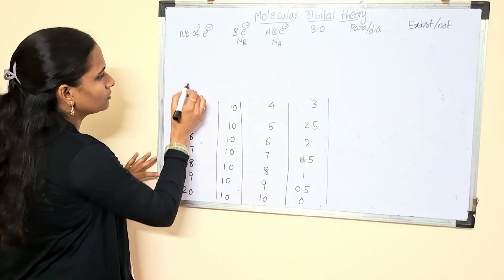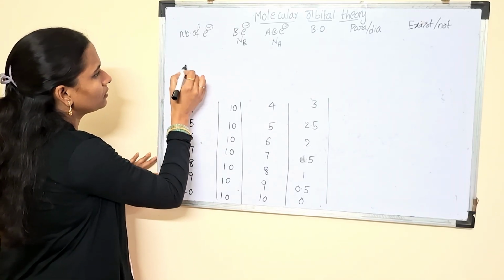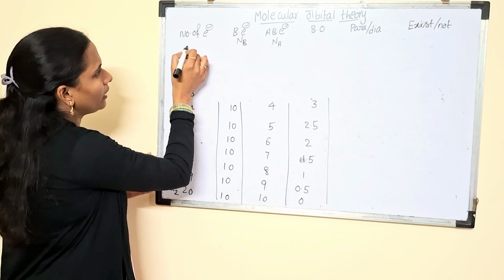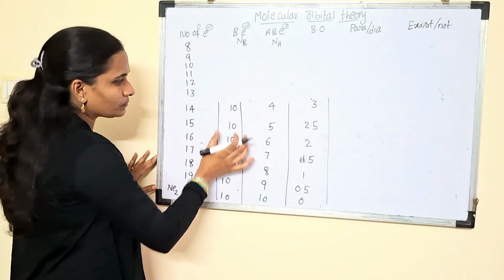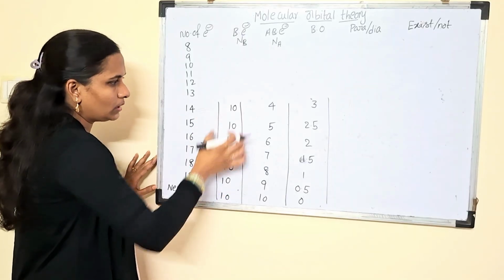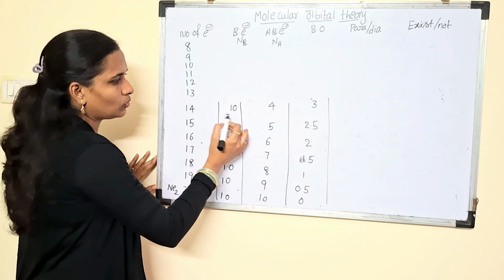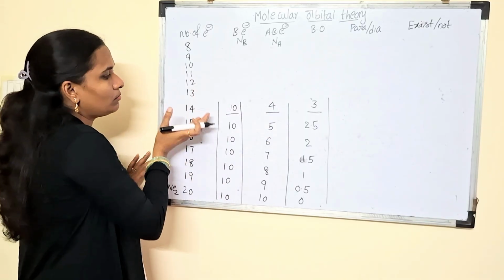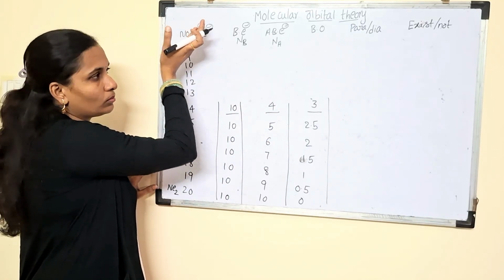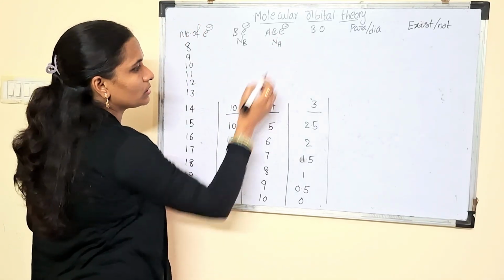And above also it is the same. Here 13, 12, 11, 10, 9, 8 electrons. Up to 8 electrons we can go. Now from 14 to 20, bonding electrons are fixed. Now from 14 down to 8, anti-bonding electrons are fixed.